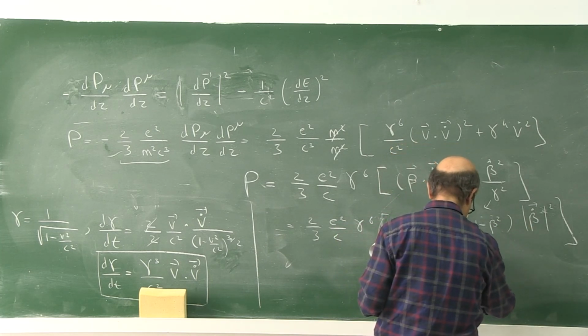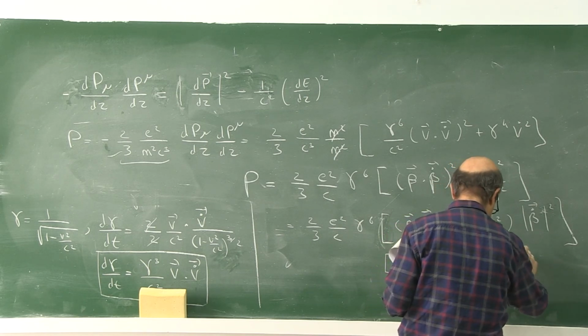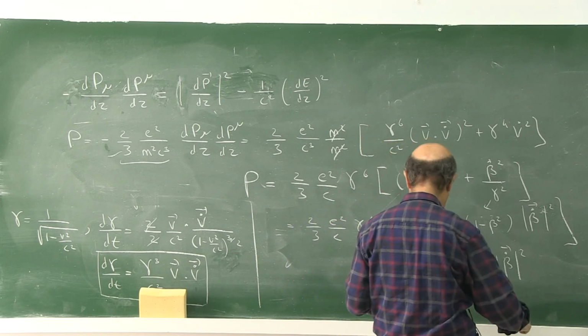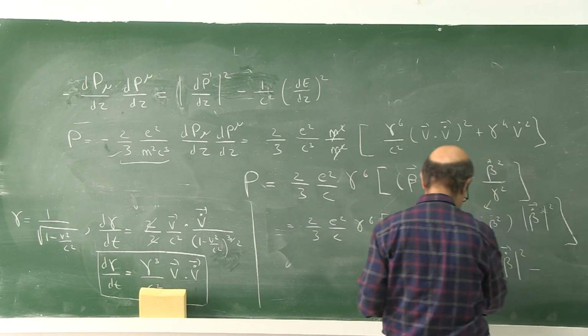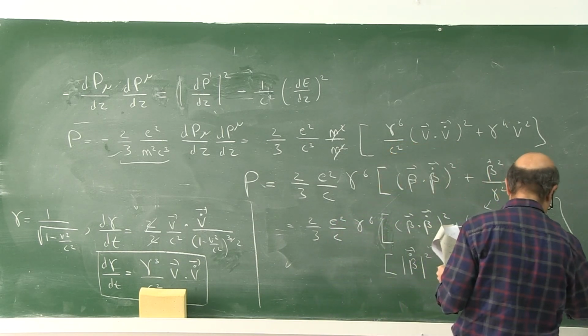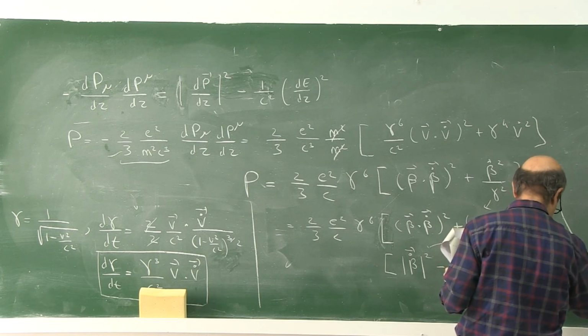Let us say beta square, beta dot square, these two with minus, plus this means that this has to be minus, because minus minus is plus. Beta dot beta square.